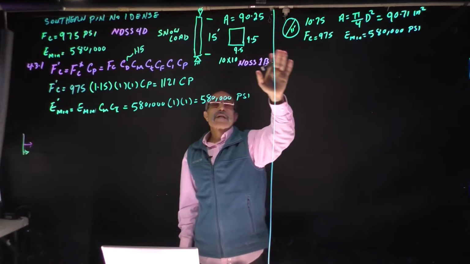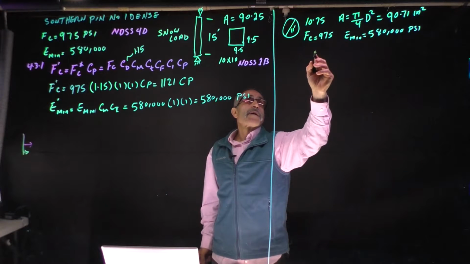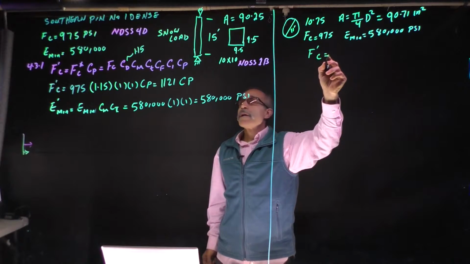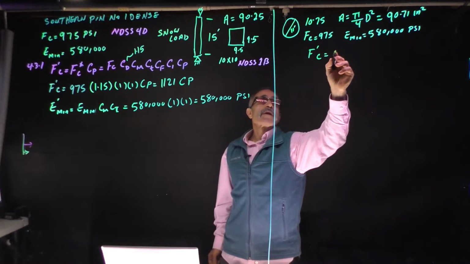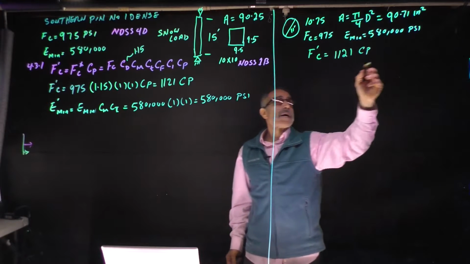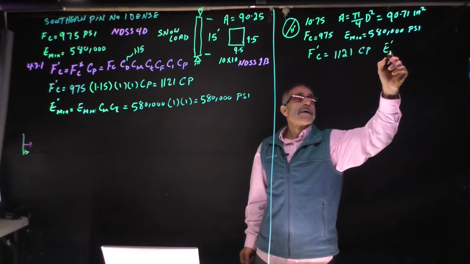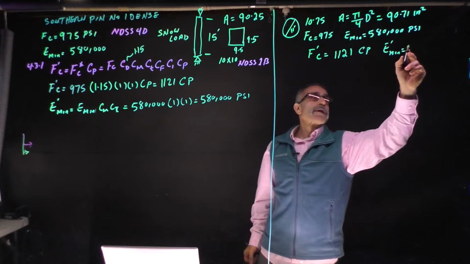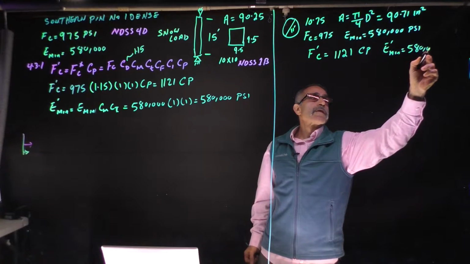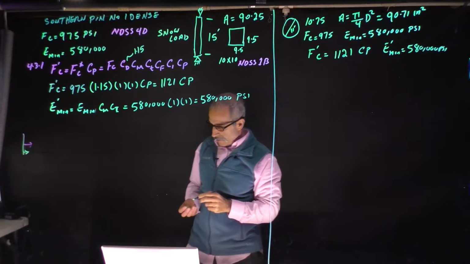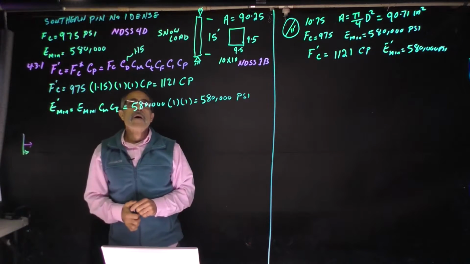The only difference is the cross-sectional area. So my F prime c for the circular column is going to be the same as here, 1121 CP, and my E prime minimum is going to be 580,000 psi. All right, now we have that out of the way.